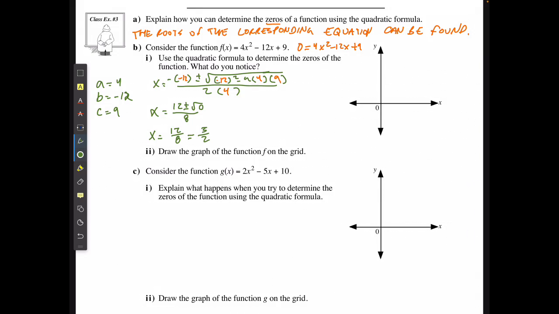So when everything inside of the radical balances out to 0, there is only one zero or one x-intercept.